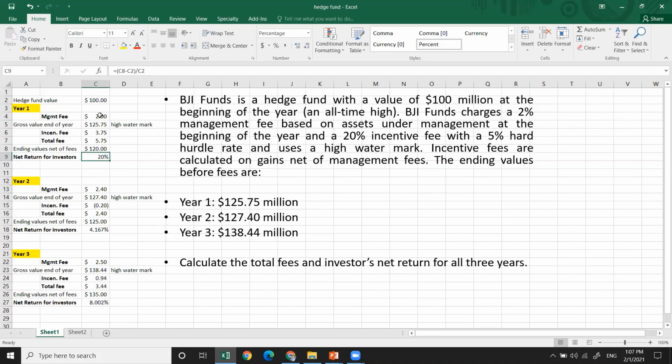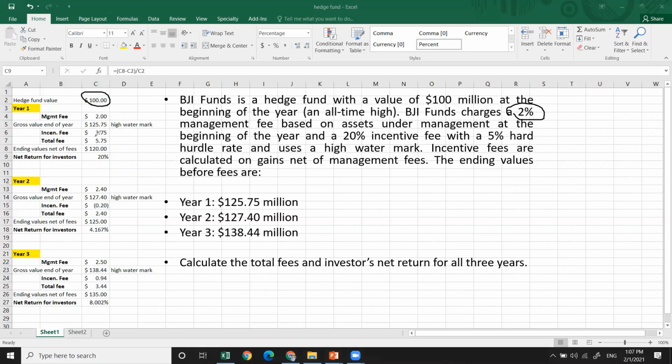So we know that at the beginning, we just multiply this 2% by the value of the hedge fund that we have. We multiply this by this and we get 2 million. And the gross value, the value at the end of the year, is given here. We just put it here.